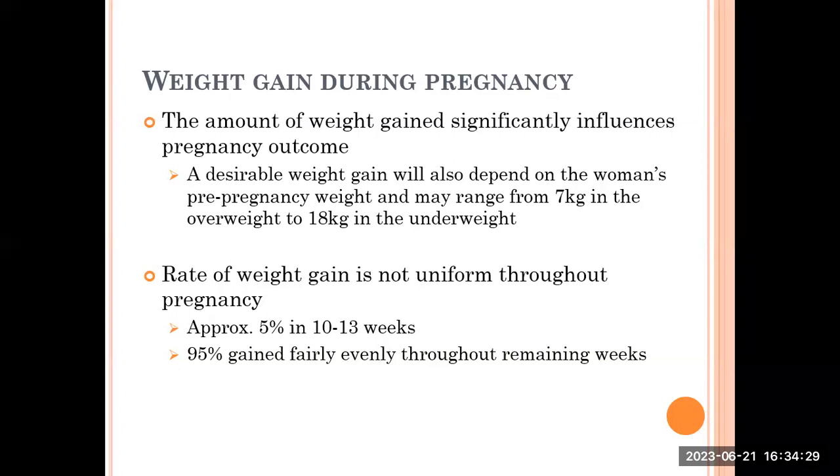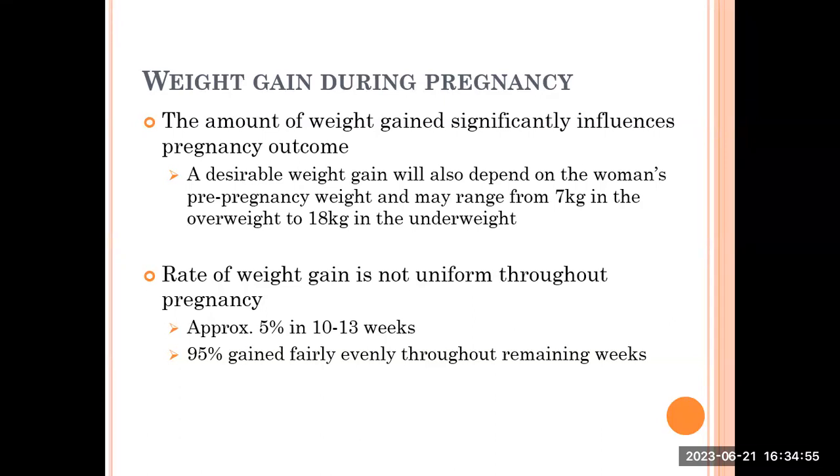If the woman starts with a low BMI, then there's a need to gain more weight. And this weight is going to come from the fetus as well as the fluids in the woman. They're very important. When I say fluids, I'm talking about the volume of blood and other important secretions within the mother. Very critical.